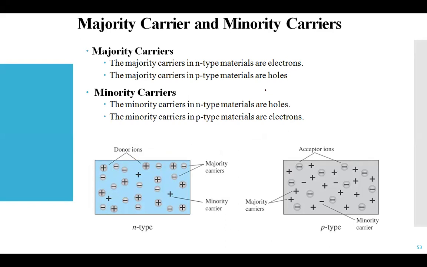So the electrons are the majority, but in the p type of the material, the majority carriers are holes, like with boron. Now in the minority case, the minority carriers in the n type of the materials are holes. And similarly, the minority carriers in the p type of the materials are electrons.